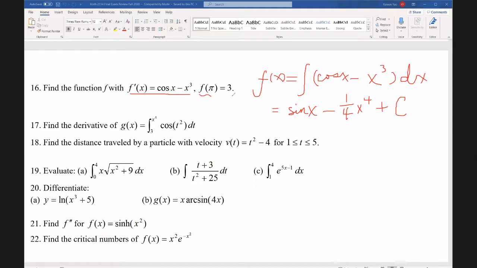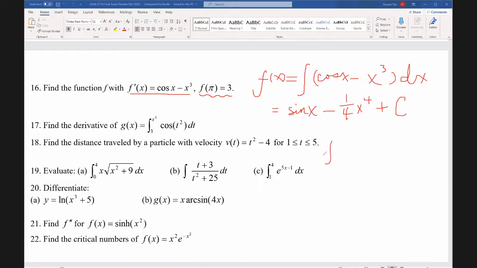Okay, this is the general formula for f of x. Now you have to use this condition to find what? To find c, right? So please write down, okay? All these steps will be very important for the final exam, okay? Now, f of pi equal to 3, right? So you got to replace x by pi.